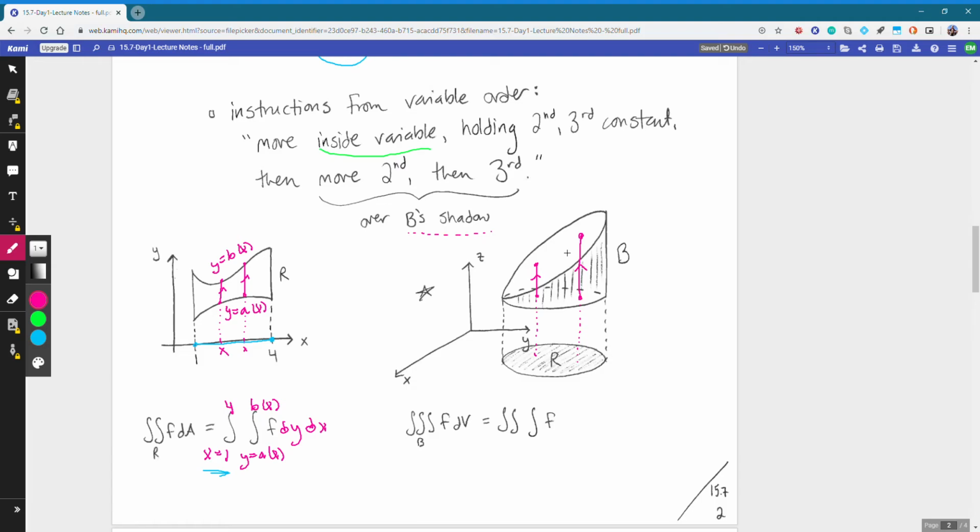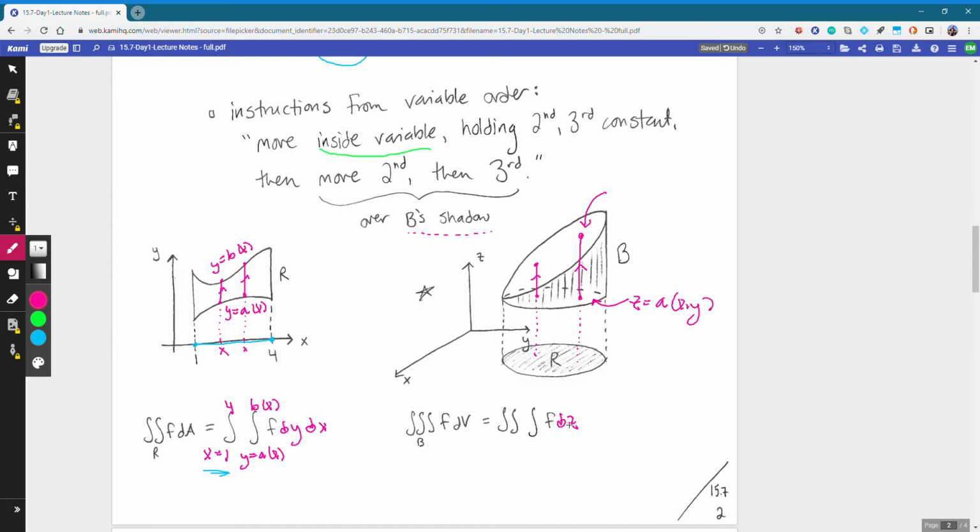And so because of those consistent instructions, we can use those sides as our limits for our first integral as we're moving our z variable. So we're moving z first, so dz is the inside. And so we just need to give some names to this stuff. So this bottom side is going to be some function z equals a of xy.